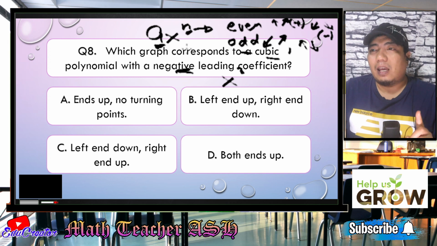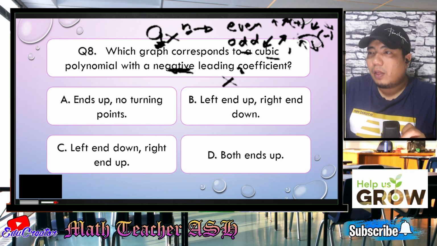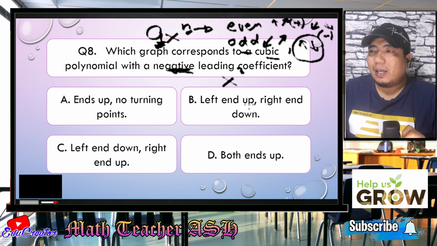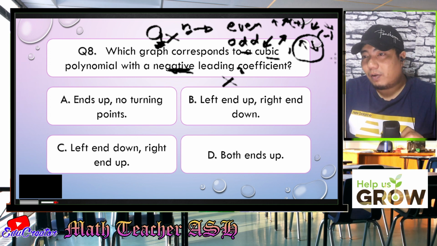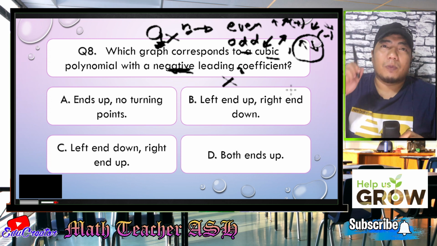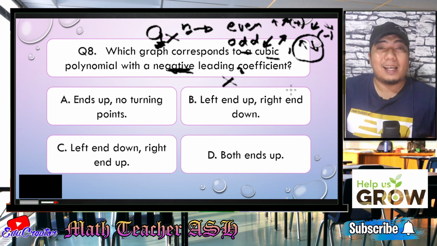That is if the value of a is positive. Otherwise, if it is negative like the question we have, this one will become your graph. So the left end is up and the right end is down. So the correct answer, my dear math learners, is letter B.